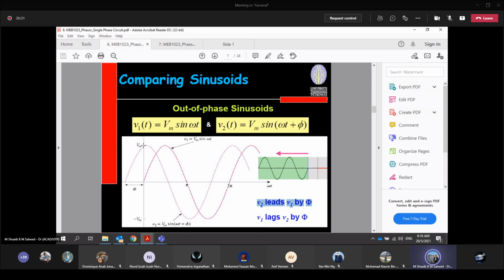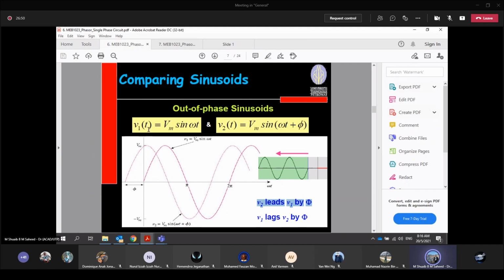And if I ask you to make some conclusion, you can write in this format. Logically, if omega t minus phi, that shows that it is starting after a certain angle.